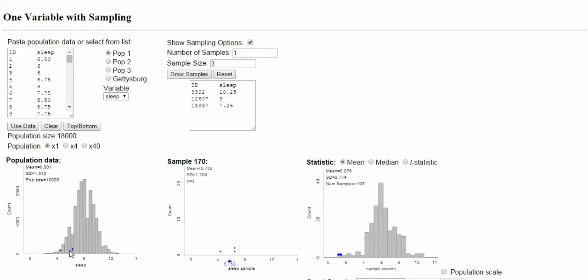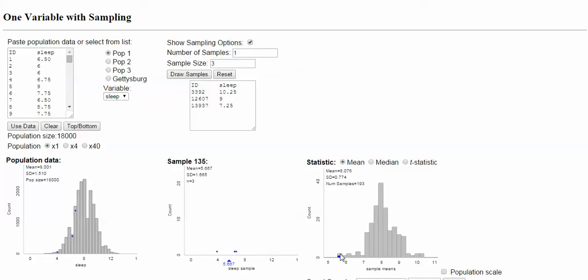Since these 3 people aren't getting very much sleep, that's why they have such a low sample mean down here. If we click here, that is the mean of a different group of 3 people, but these 3 people are also not getting very much sleep. That's why this group of 3 also has a pretty low average. So this group of 3 people has a mean of 5.6 hours of sleep.